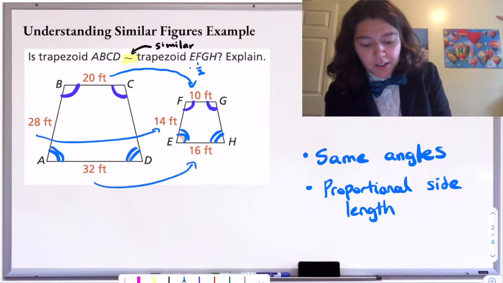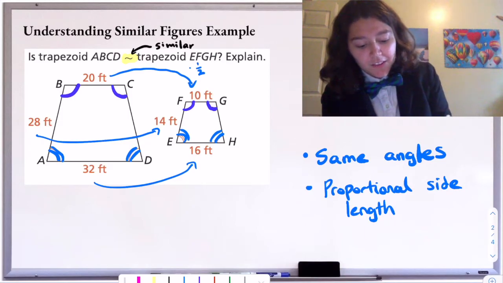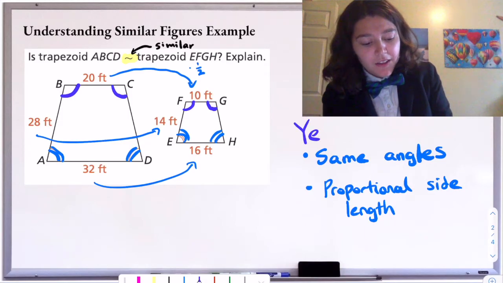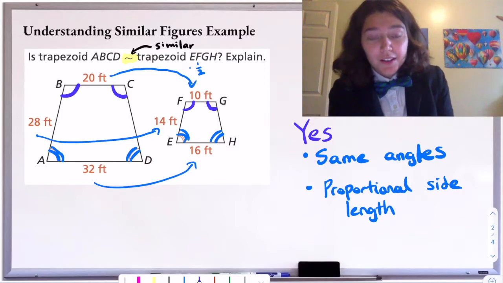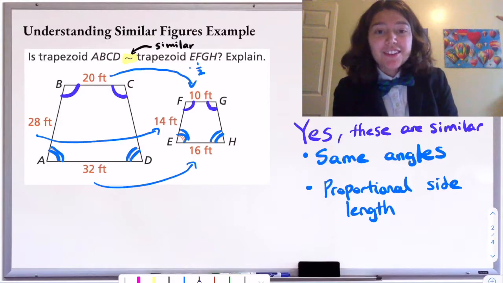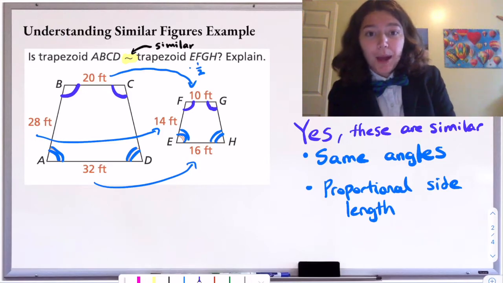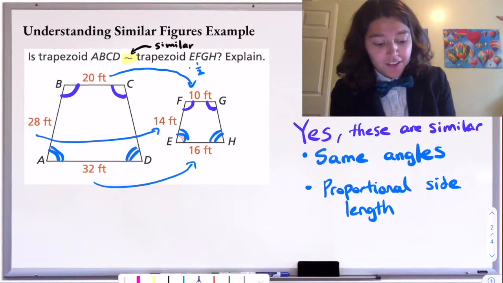Same thing for 28 to 14 and 32 to 16. So yes, we would say these are similar because they have the two properties that we need. And if these were on a coordinate plane, we could prove that there's a sequence of transformations, rigid and non-rigid, translations, reflections, rotations, and dilations, that will map one figure exactly onto the other.